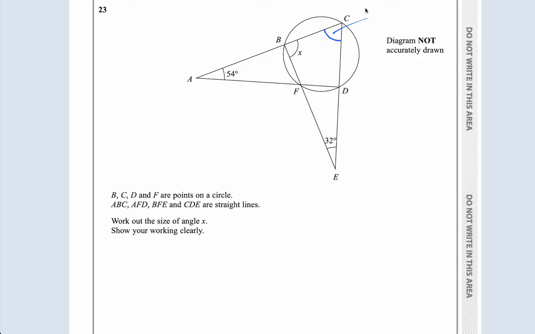So this one will be 180 minus 32 minus x, because in this triangle here, BCE, the angles add up to 180. 180 minus 32 is 148, so that angle there is 148 minus x.